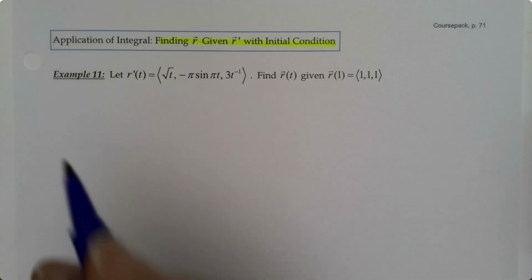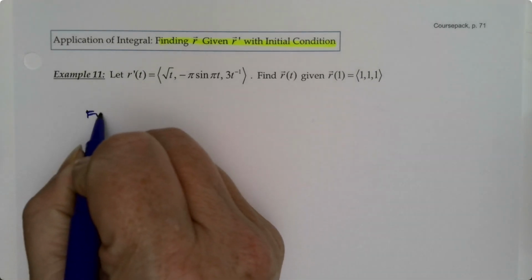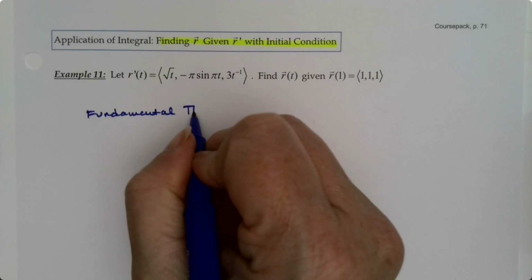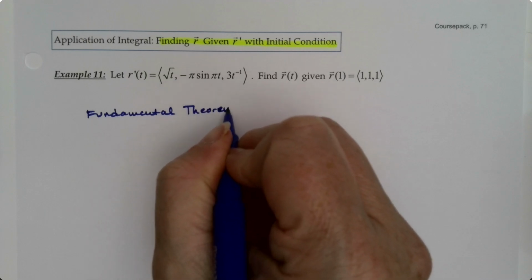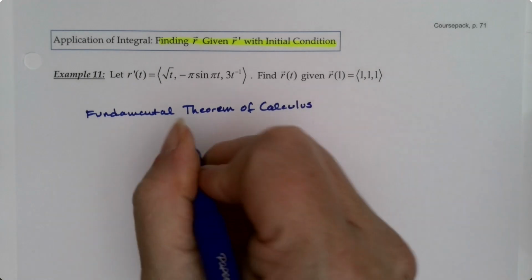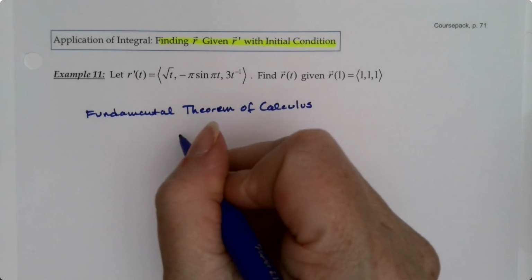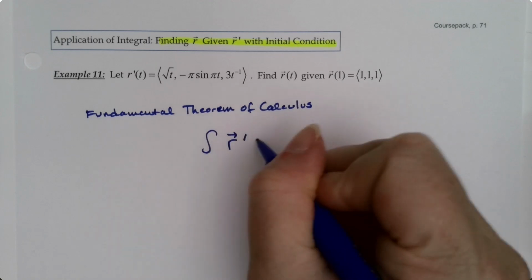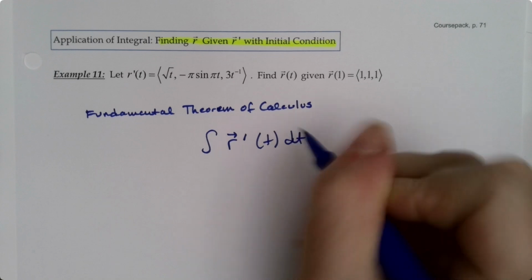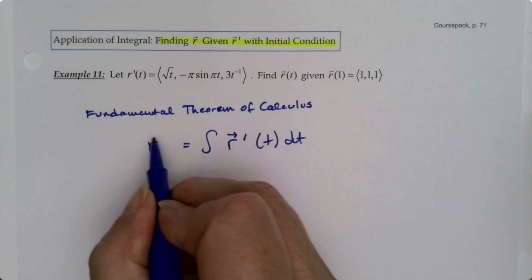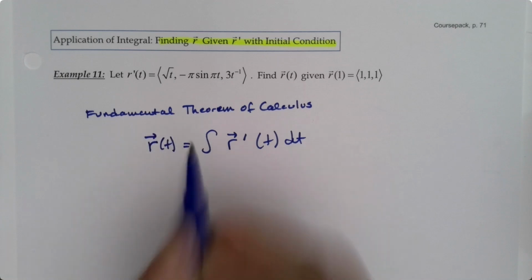So if you remember, the fundamental theorem of calculus, which I referred to in a previous video, was something we learned in Calculus 1. And it tells us that if we have the derivative and we take the integral of that derivative, we will get the function back, i.e. the antiderivative.